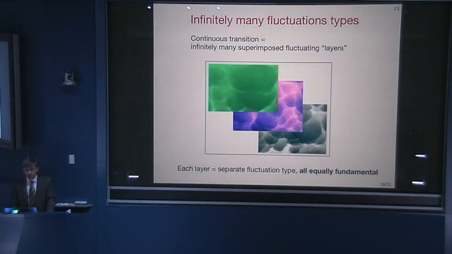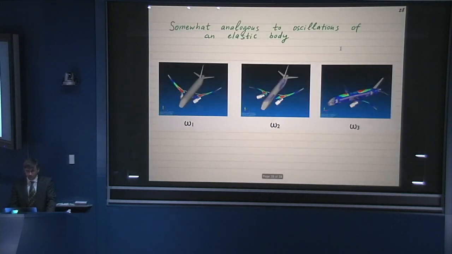So this is what I told you. There are infinitely many fluctuation types, infinitely many superimposed fluctuating layers in our magnet, in our liquid, and we have to find these layers. So if you know some elastic mechanics, then you can find useful this analogy of oscillations, fluctuations in critical point with oscillations of an elastic body.